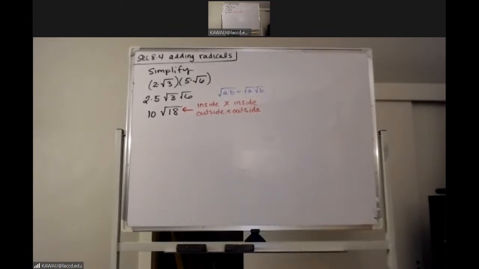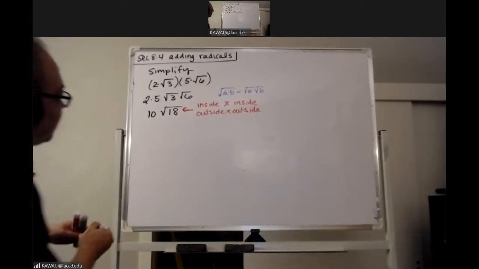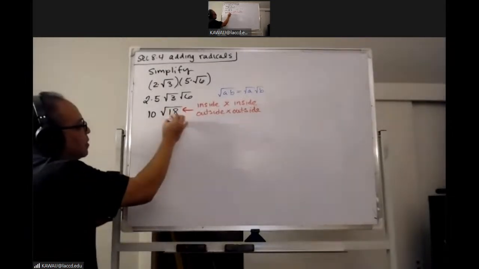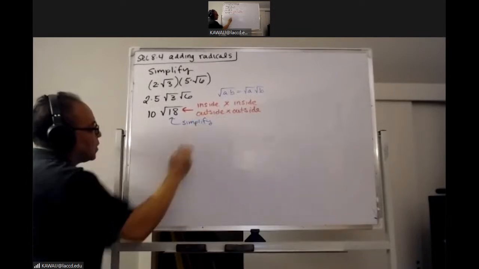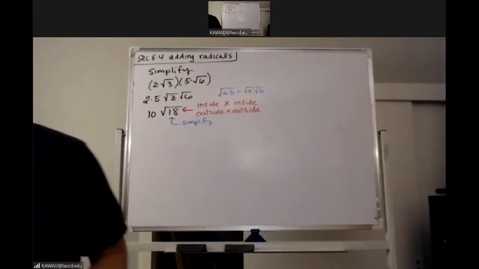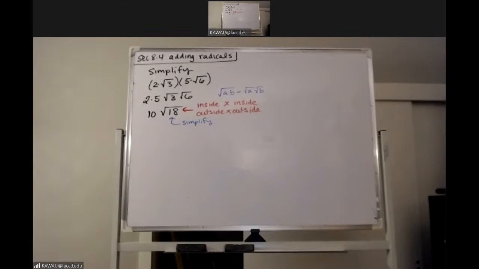Okay. Now what you want to do is simplify this. So go ahead and simplify it. Does 4, 9, 25 divide into that? Or you can use the prime factors.